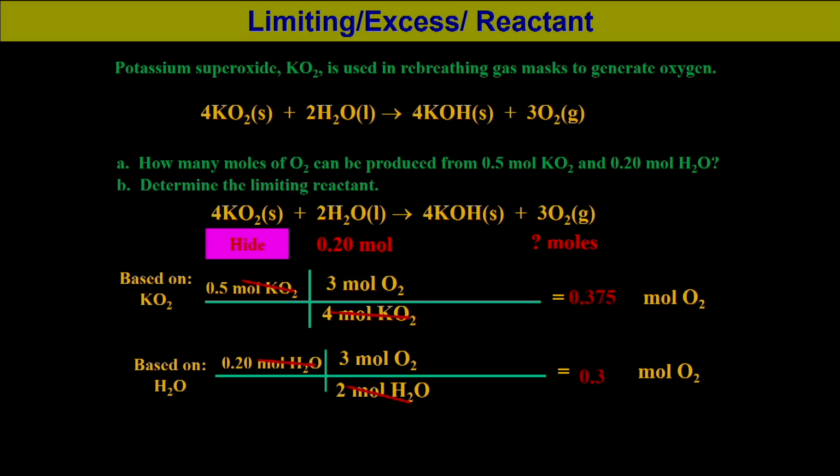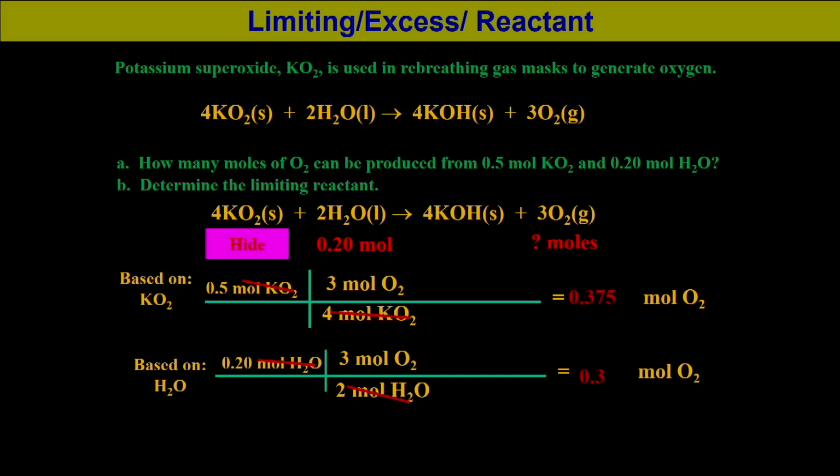0.3 mole of oxygen. So, as we can see from this mole balance, the minimum oxygen produced from these two reactants is based on the water, that is 0.3 mole of oxygen.